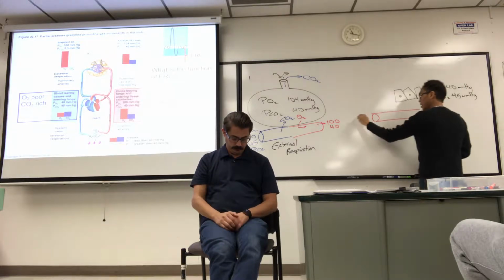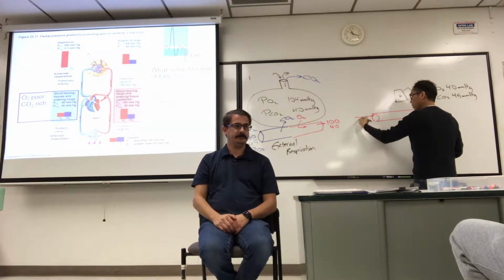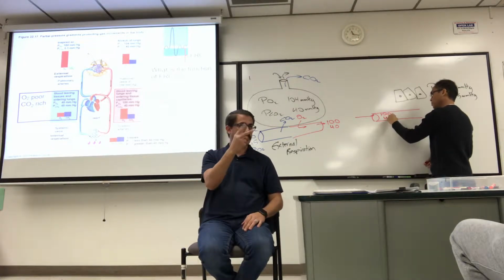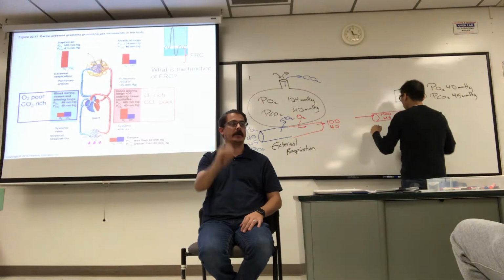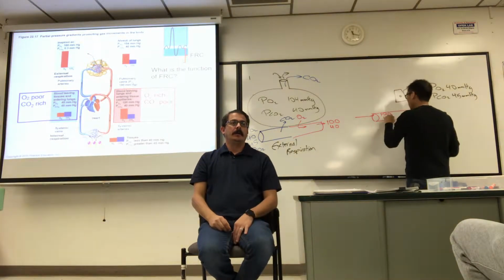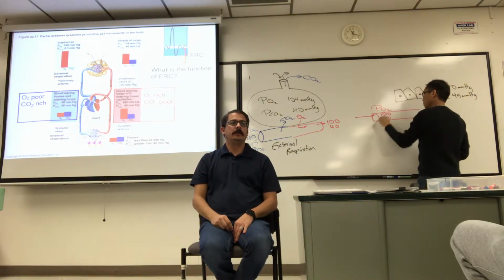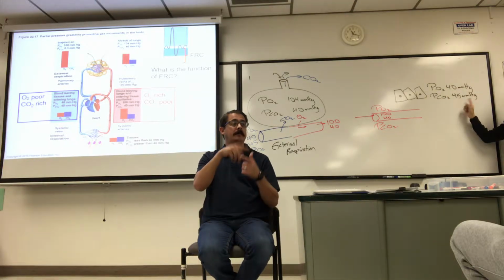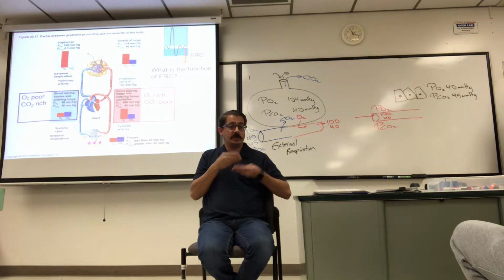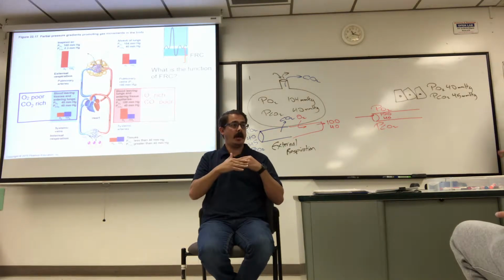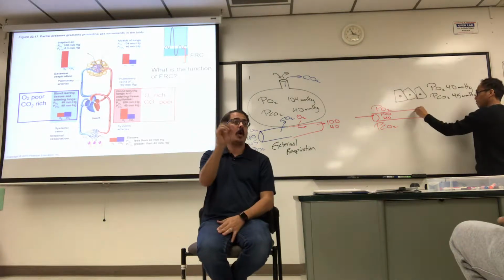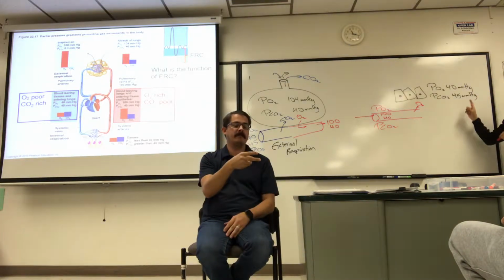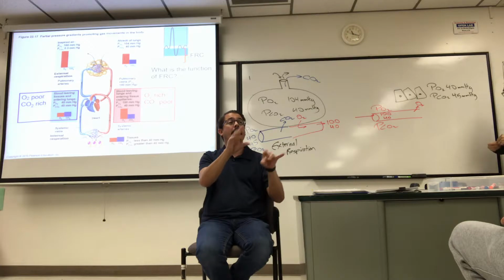So blood coming in is our same numbers. I'm not going to change them. PO2 100, PCO2 40. And then you're going to make exchanges with the peripheral tissues. The blood will deliver O2, drop it off. And it'll pick up CO2, which is considered a metabolic waste product.